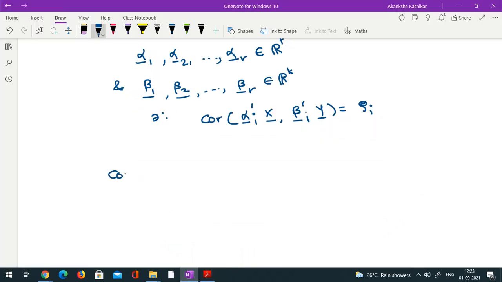So I want to talk about, in general, the correlation of alpha i prime x and beta j prime y, where i and j are distinct.